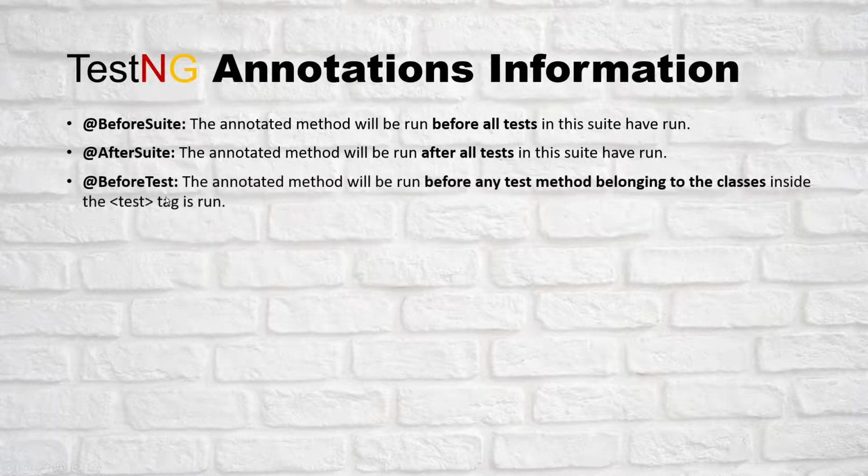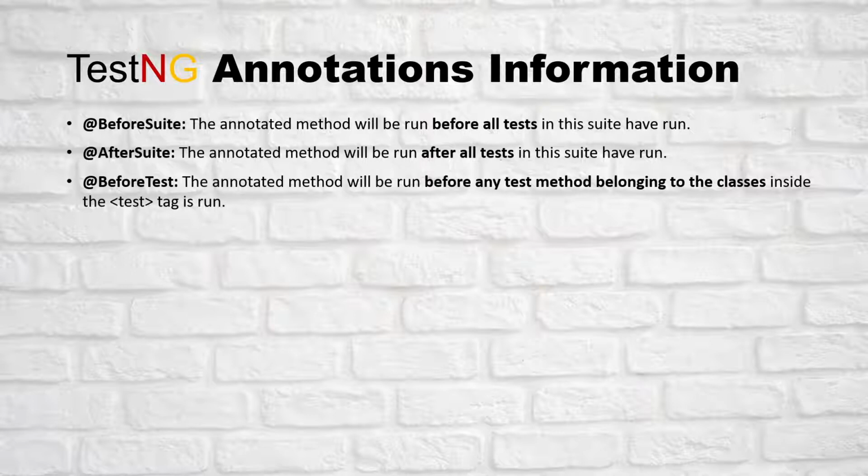And then we have before test: the annotated method will be run before any test method belonging to the classes inside the test tag. Each class will have certain methods that will be executed, and we can have multiple classes within a test.